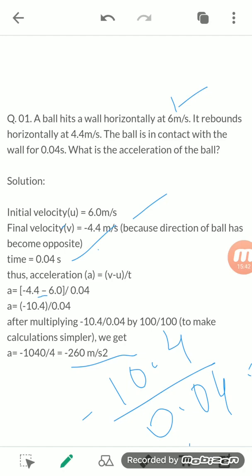So by this numerical, I hope you are able to understand how we can find the value of the acceleration, how we are able to distinguish between the positive acceleration or the negative acceleration, and how we put the sign while calculating the velocity or the acceleration. So this is the numericals on the basis of acceleration.